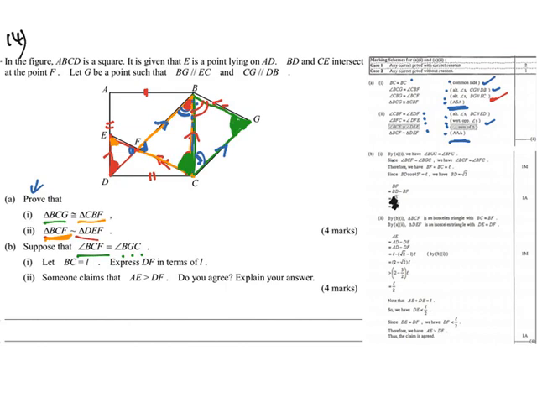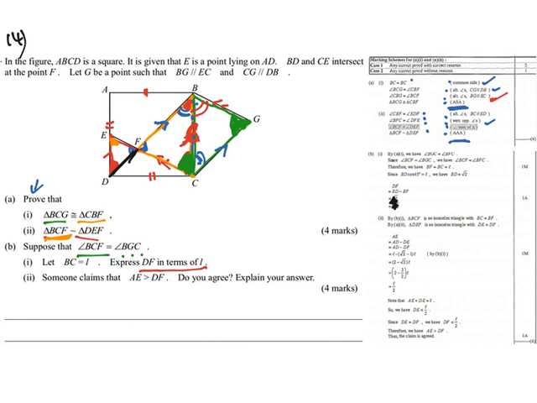And one more thing, BC is L. BC, this one is L. And then we need to find DF in terms of L. DF, that means this one, in terms of L. So we'll make use of part A, that means the congruent triangle and the similar triangle.